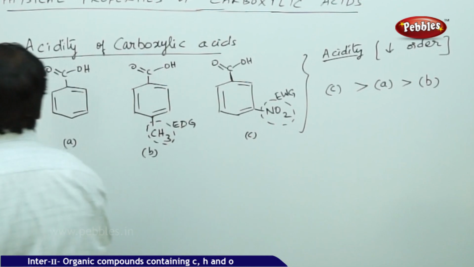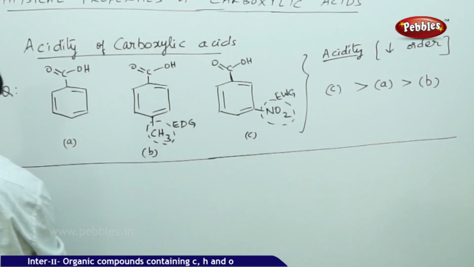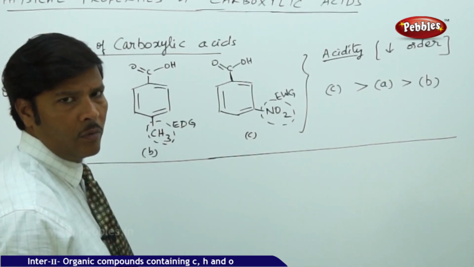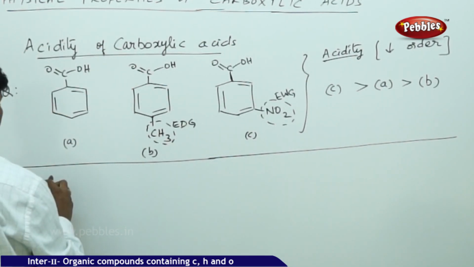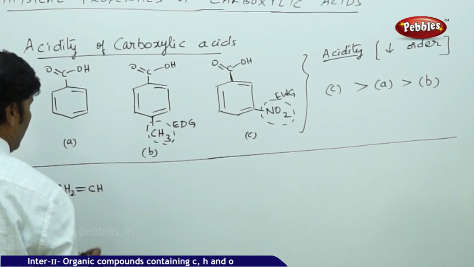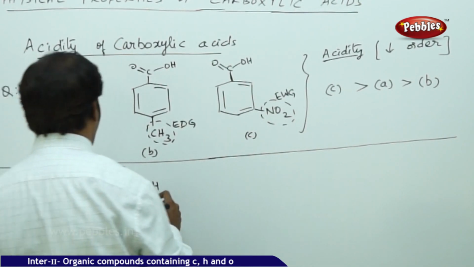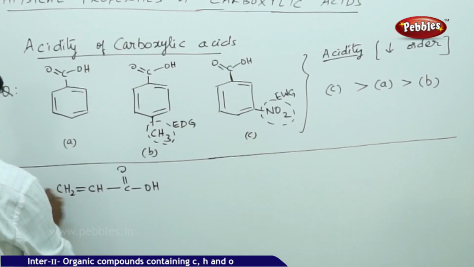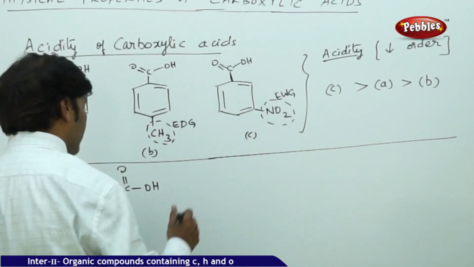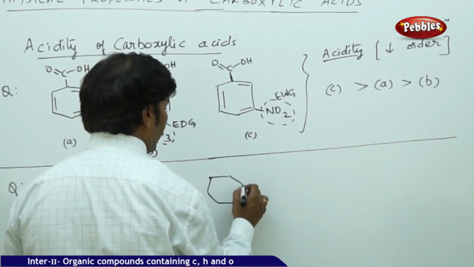This is one question where we need to understand. Second is the vinyl group and the phenyl group. For example, take the vinyl group CH2=CH carboxylic acid, let me put it like this, this is vinyl carboxylic acid, and also benzene ring with carboxylic acid.